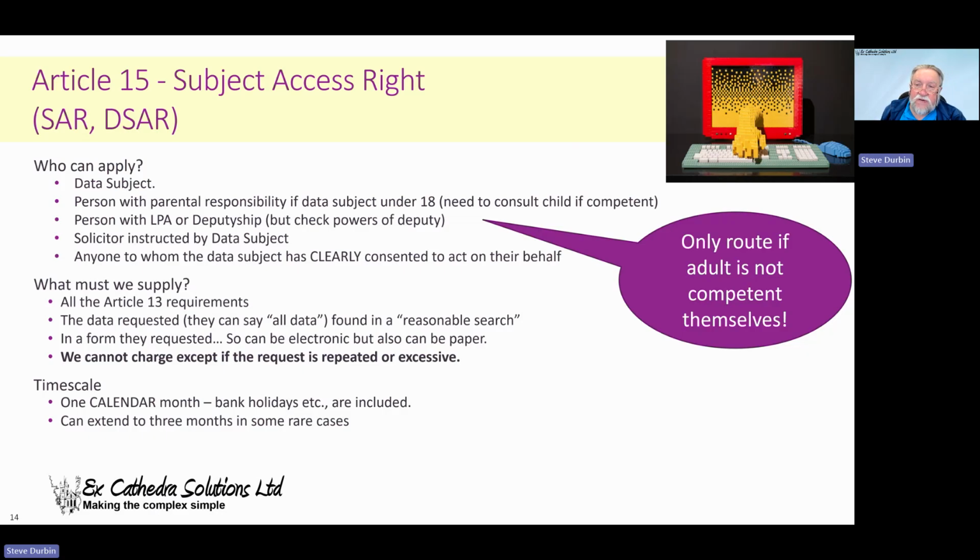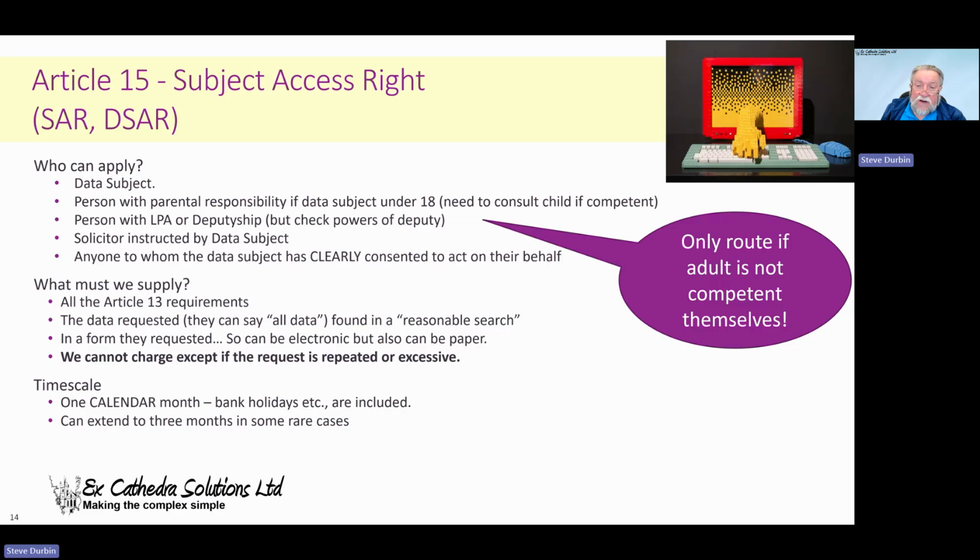Reasonable search does not mean that if you've deliberately thrown everything in your own filing cabinet, you don't have to produce it. That would be regarded as not following the accountability principle. You have to organise your data properly. You should be able to produce the majority of the data for a person easily. Again, if you can't do that, you're not handling your data properly, and you probably won't be following the accountability principle.